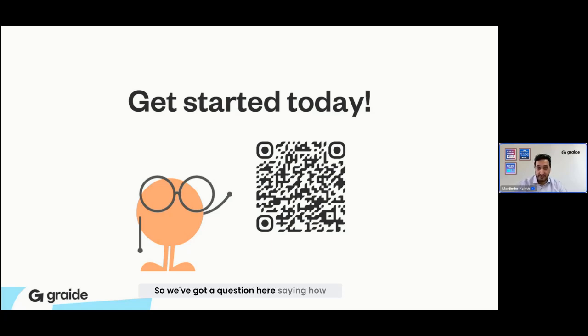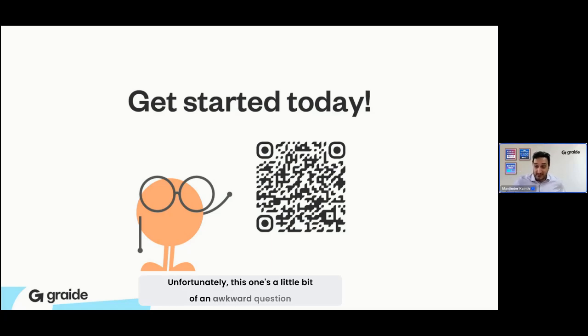So we've got a question here saying, how much data does it require to train our model on our marking and our feedback? For example, if Grade offers a higher than expected numerical grade, which is common, I can change it. Does it learn to train or mark more robustly?